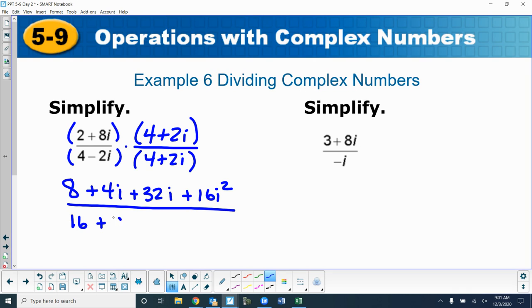Outside. Inside. Last. Negative. Negative. Right? Any problems with that? Okay. Like terms. Right? What do I do with the i squared? Cancel.